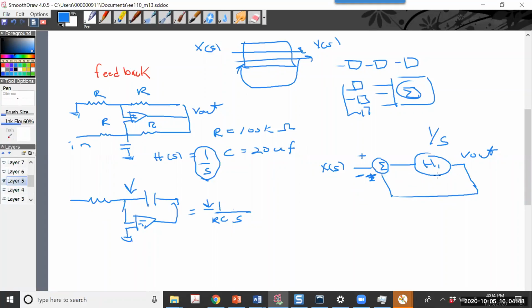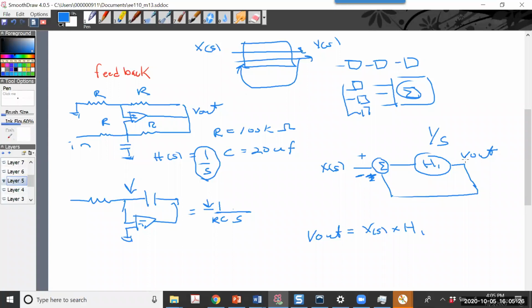Let's just do this. So we take X of S, it comes into the summer, keeps going, gets multiplied by the transfer function, and then is equal to V out. All right, so V out equals X of S times H1. All right, but there's this feedback loop that we hadn't had before. So what else is V out equal to?